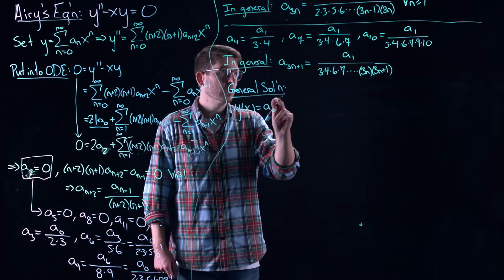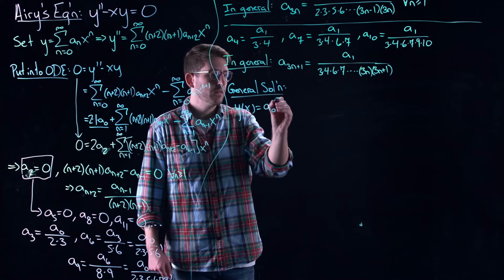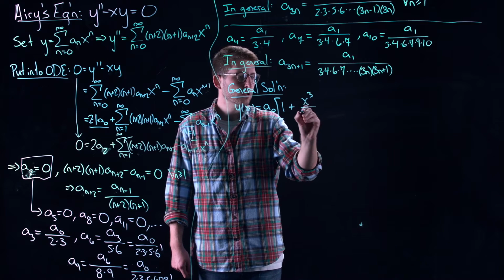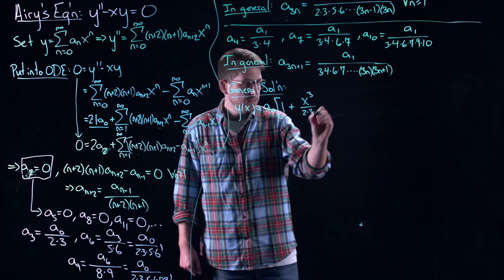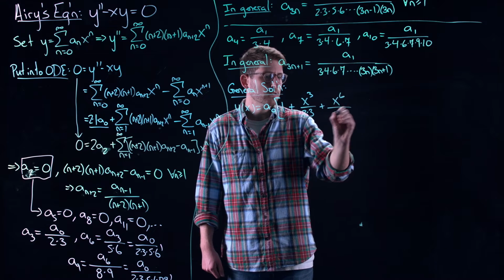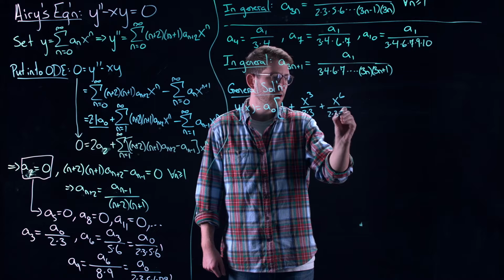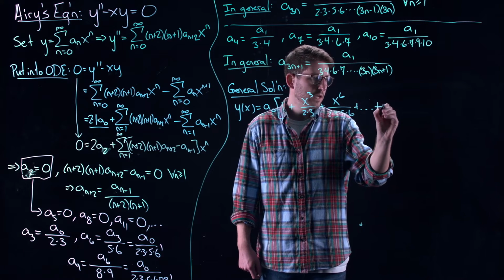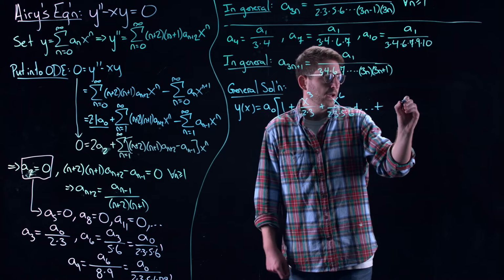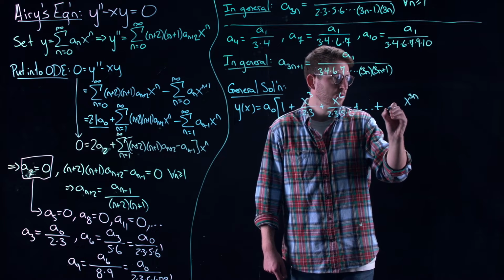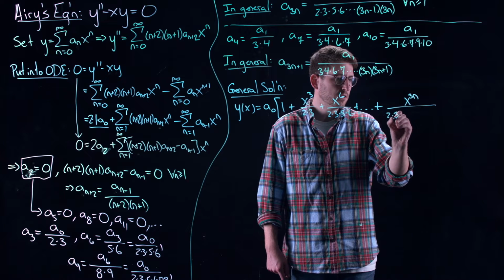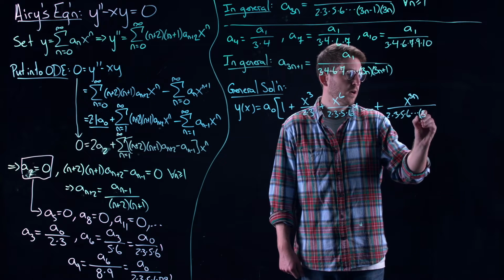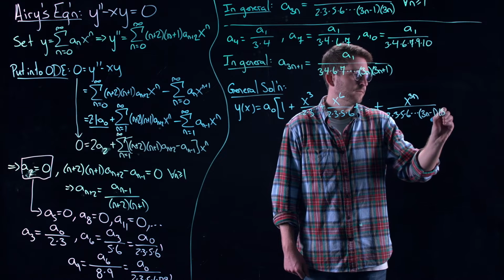The A0 term, so that's all of the 3n ones, I get 1 plus x cubed over 2 times 3, plus x to the 6 over 2 times 3 times 5 times 6, and so on and so forth until we get to the general pattern, x to the 3n divided by 2 times 3 times 5 times 6, and then 3n minus 1 times 3n.